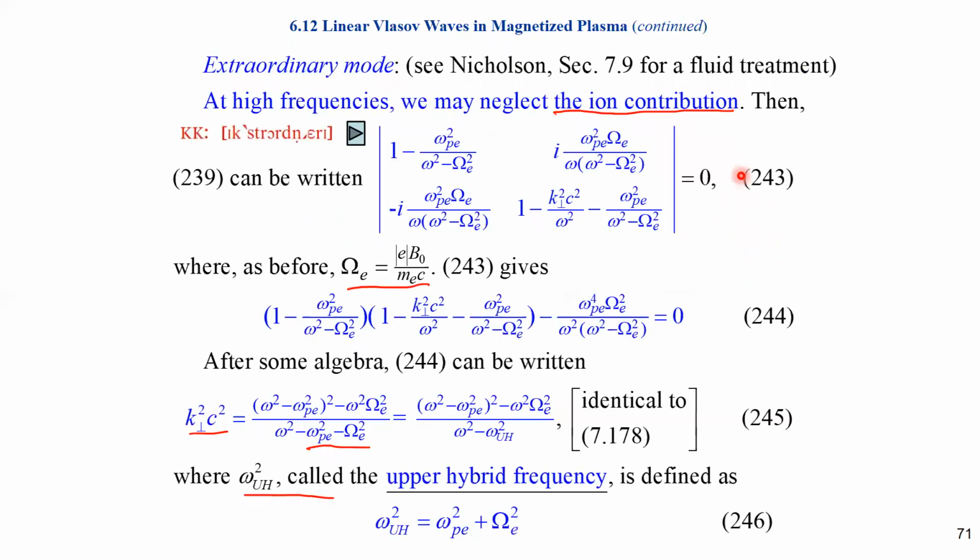Go back to previous case. That is omega very large. Therefore, omega square cancels. For omega very, very large, omega square equals another extreme.